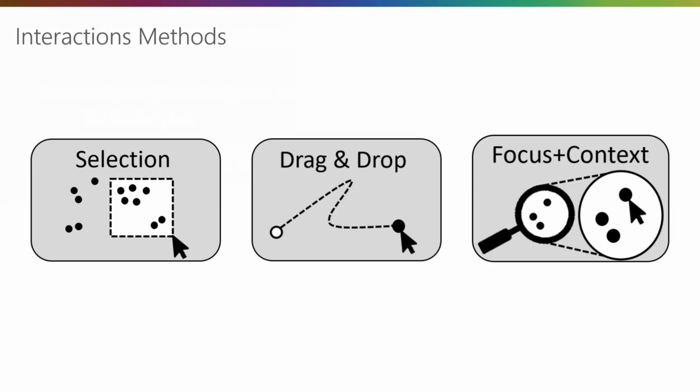Another method we found is dragging and dropping of points. So for example, dragging a feature in the feature space visualization gives emphasis to this feature or de-emphasizes it, and similarly also symmetrically for the data visualization. Finally, we also have focus and context mechanisms, where you have zoom-in methods or highlighting methods that give you highlights in the accompanying visualization, allowing you to focus in on certain findings in certain groups.